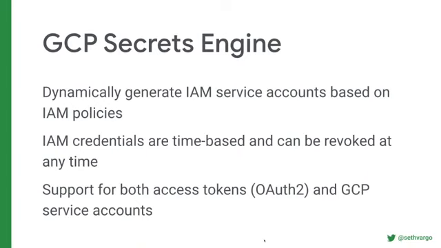So if you imagine a situation where you might have a contractor who needs access to be able to view your logs so that they can debug a situation or something, you can grant that access on a time-based permission that Vault automatically revokes, and the whole process is automated and codified. The GCP secrets engine supports both access tokens, so OAuth 2-based access tokens, and service accounts. So you can generate credentials on an existing service account or generate a new service account.